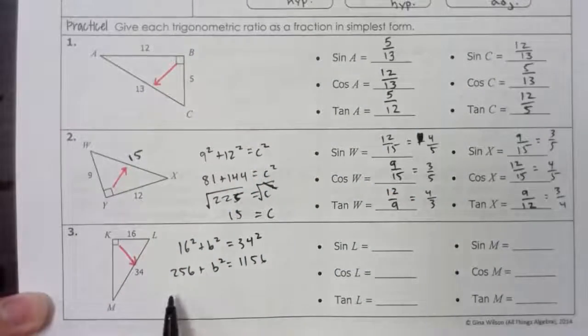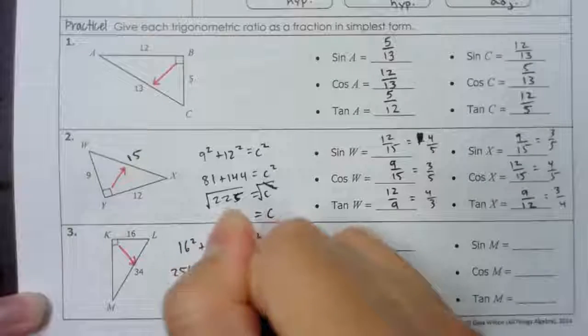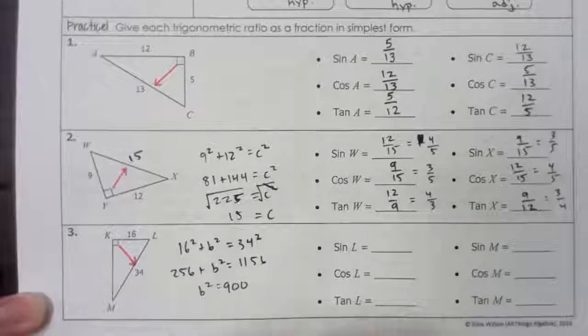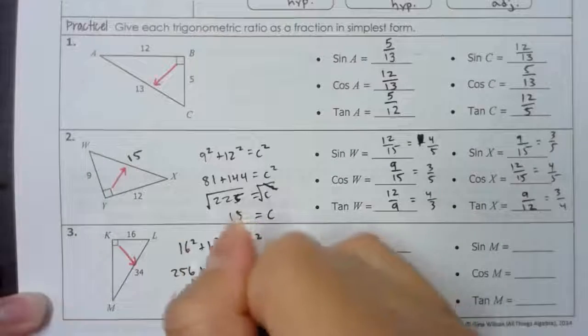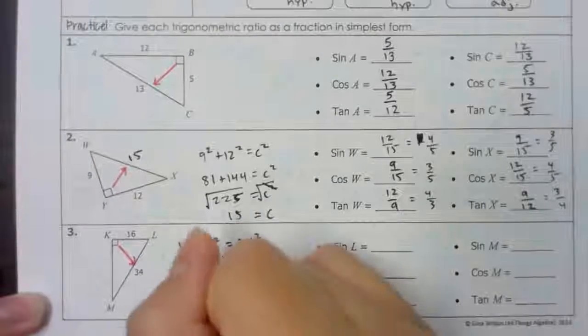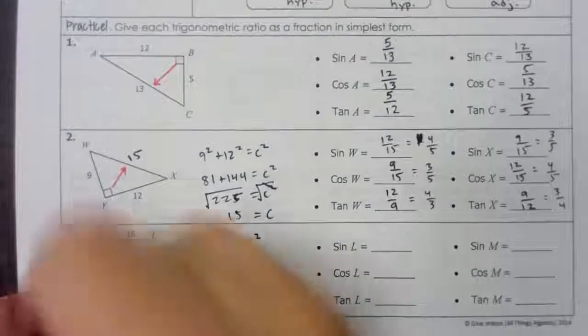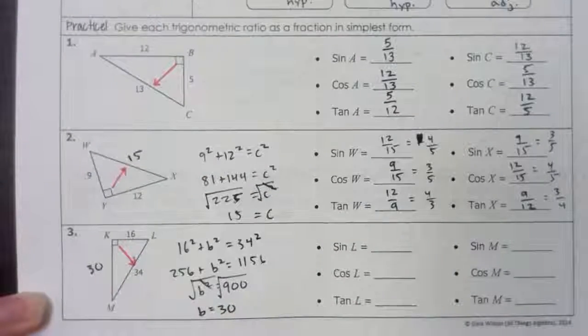I subtract 256 from both sides. I'm going to get that b squared is equal to 900, and when I take the square root here, you're going to get that b is equal to 30. So the other leg of the triangle here is 30.